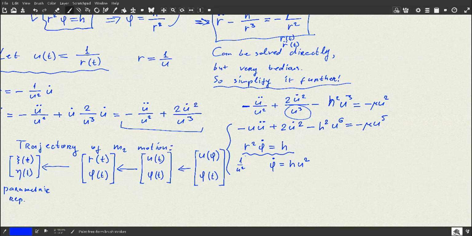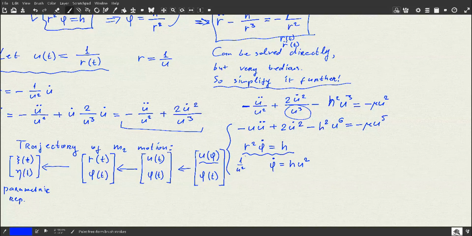And this is an interesting thing. So the function u of phi defines only the geometry of our trajectory, but it doesn't say how the body is moving along that trajectory over time, because phi is just the polar angle. So basically you get u of phi as 1 over r as a function of phi, from which you get r of phi, and you get the trajectory as a shape. But it doesn't say how we move along this trajectory over time.